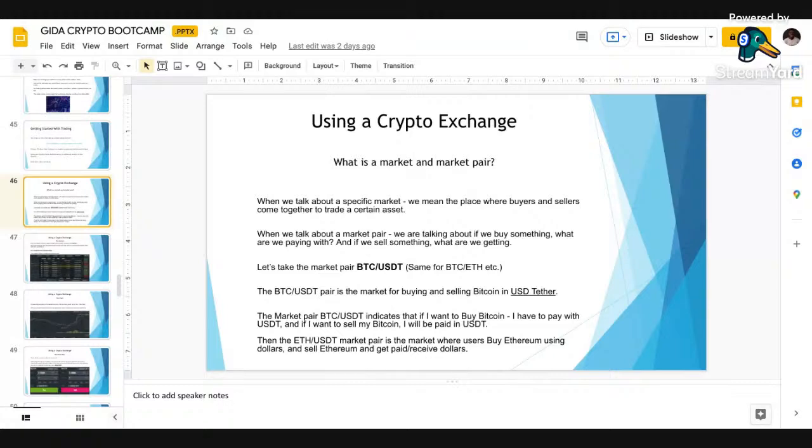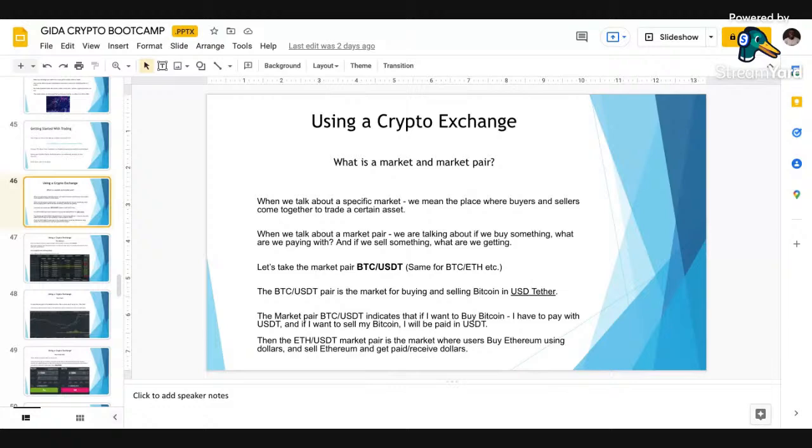So each of these sections of the general market is called a market specifically. And then the thing that they can sell and buy within that specific market is what we call the market pair. Do you understand? Each of these sections in a general market that you visit to buy your commodities, we call them markets. Then the thing which you are able to buy in that market is called a market pair.